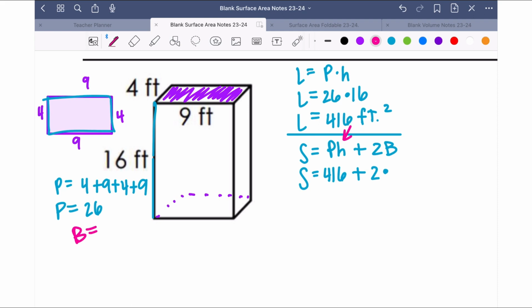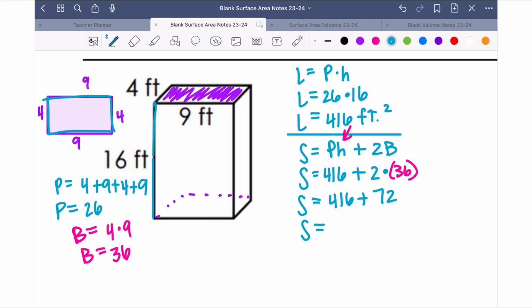Big B is the area of the base, so 4 times 9. That is 36. So 2 times 36. 416 plus 2 times 36. That's 72. And then you add it to 416, and we get 488 feet squared.